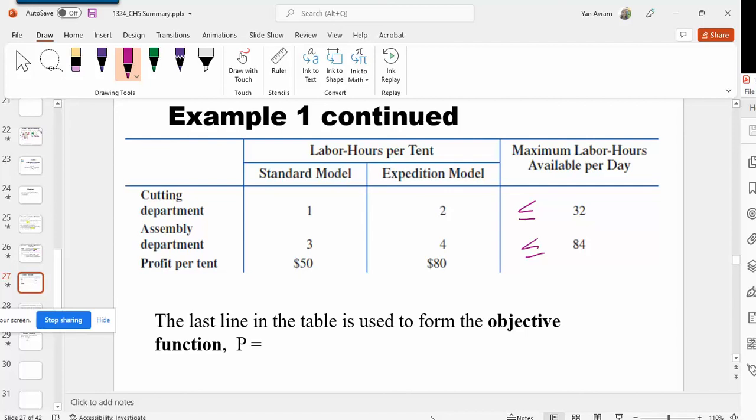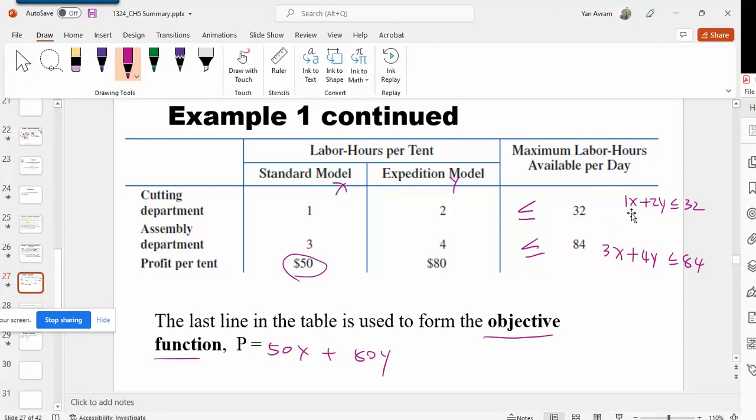This is x, this is y, so you're going to have 1x plus 2y less than or equal to 32, and then 3x plus 4y less than or equal to 84. And the objective function P, as we said earlier, makes $50 profit on a standard one, so we have 50x plus 80y. That is the objective function, or the profit function.